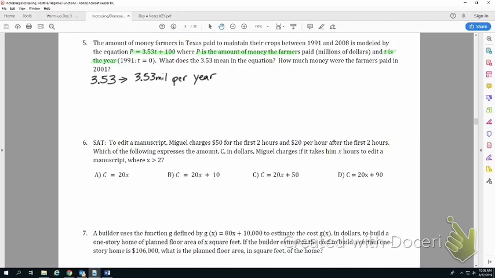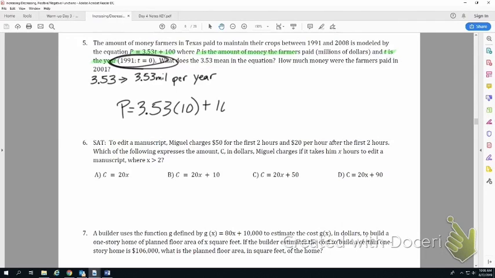So how much would the farmers have paid total by 2001? So what value am I going to plug in for T? 10. Why 10? This is 10 years between 2000, because of that right there, 91 being year 0. So be careful, guys.